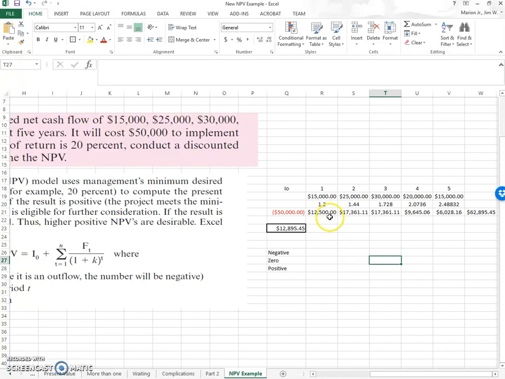Now the question is, what happens if you assume 3% per year inflation, for example? For that, you would just add 3% to each of these. All right, so 20% becomes 23% in each case. I'm going to go ahead and add this in. And what does this do?